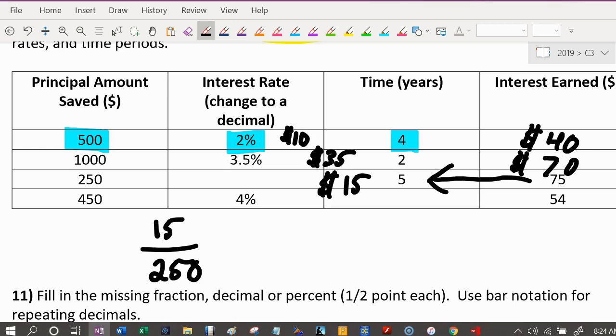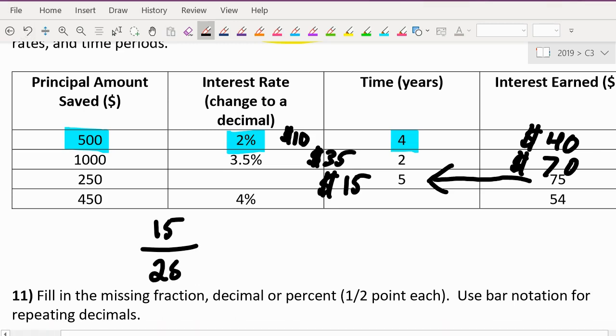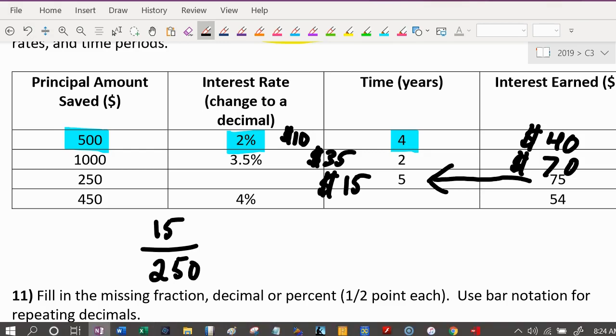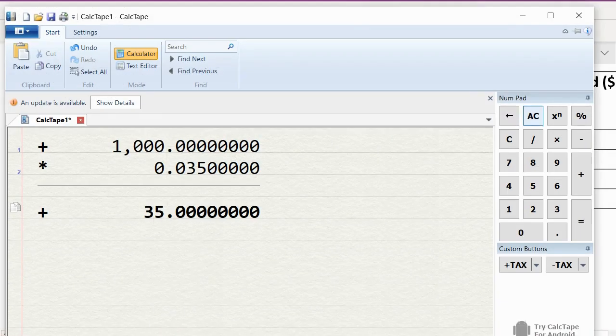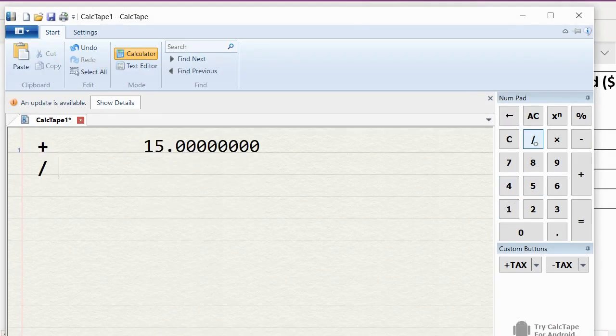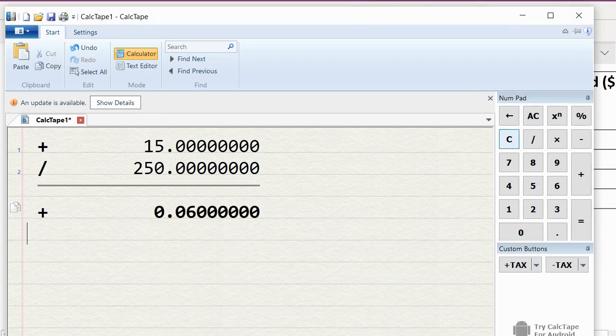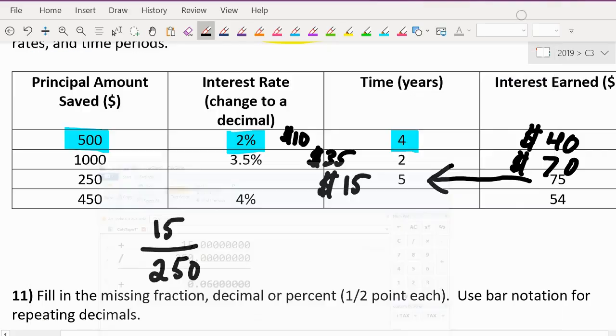Okay, so I'm going to, oops, my 5 is terrible. I need to shrink it. Okay. All right, so 15 divided by 250, 0.06 is 6%. So now we've got the answer, 6%.